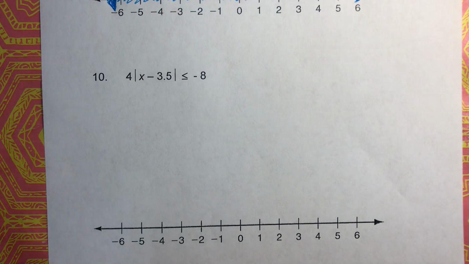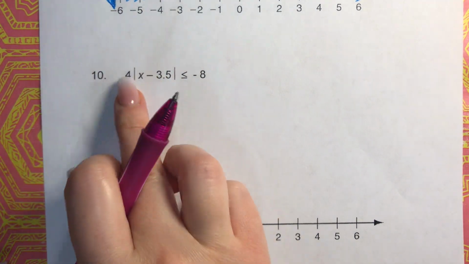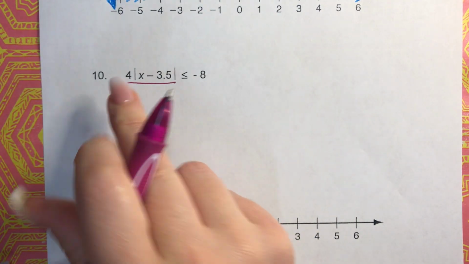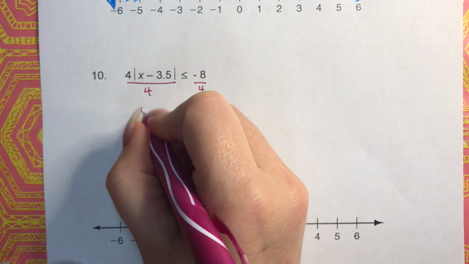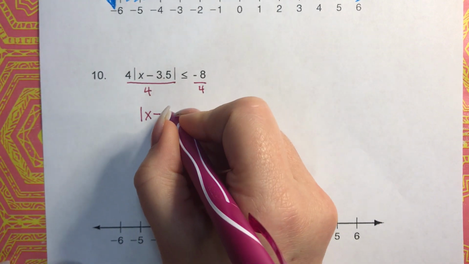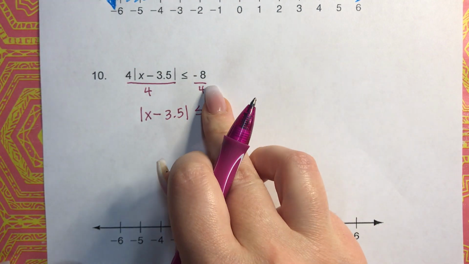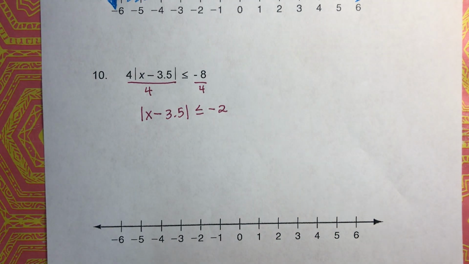All right, so we have to isolate this absolute value expression. This is 4 times, so we have to do the inverse operation of multiplication, which would be division to both sides. We end up with the absolute value of x minus 3.5 is less than or equal to negative 8 divided by 4 is negative 2. Wait, hold up.